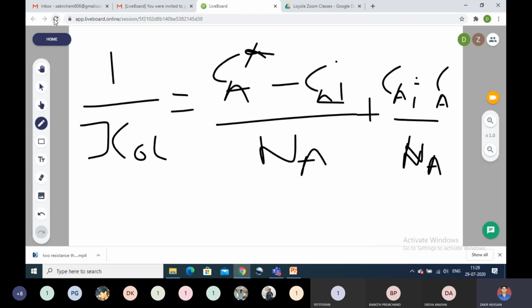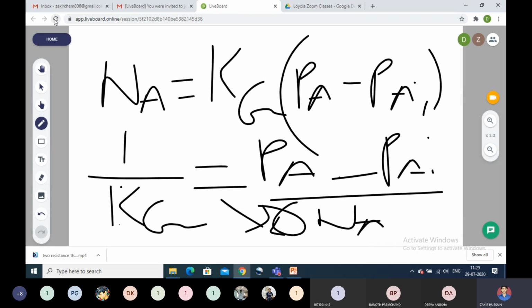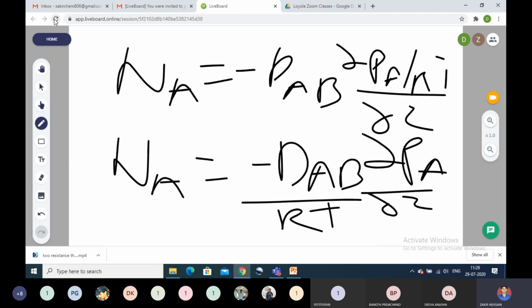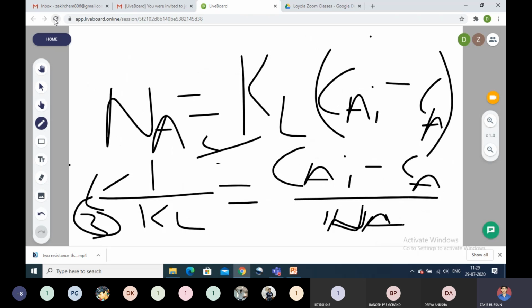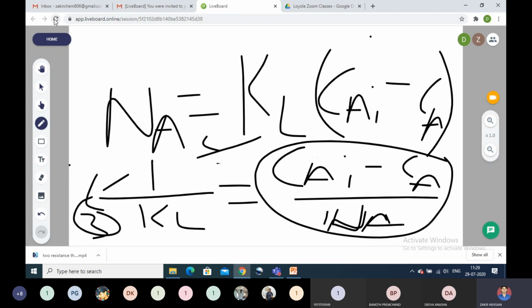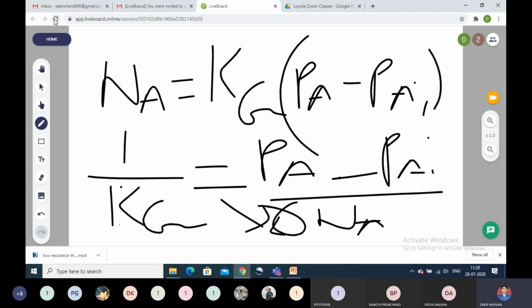Okay, for Ca star minus CAI by Na, we already know. From equation number 3, CAI minus Ca by Na is 1 by KL.